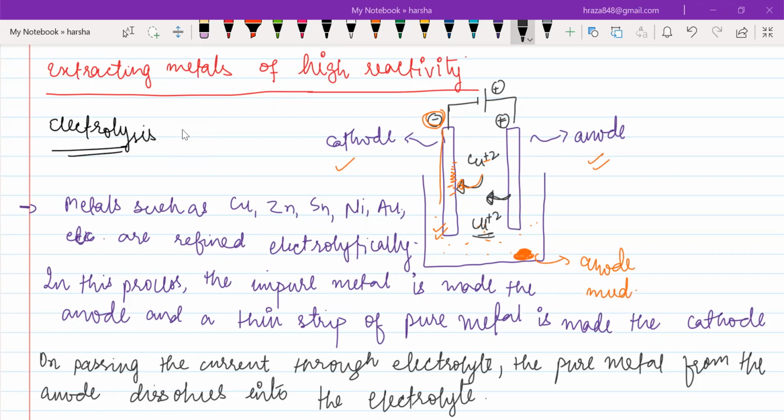Sir, yes. Is this whole last sentence: on passing the current through electrolyte, the pure metal from the anode dissolves into the electrolyte? Are you asking about this? Yeah, I understood. Okay.